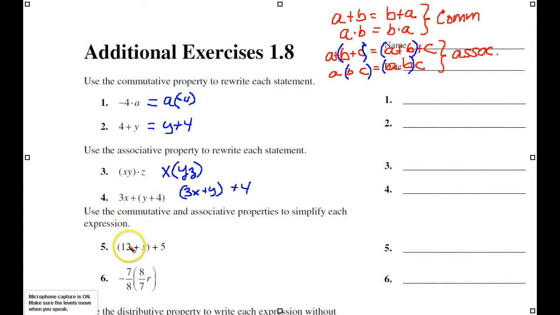Now here we're going to use the commutative and associative principles to simplify each expression. And again, what they're saying, it's legal to do this. So I'm going to take the 5, move it over here, and then 12 plus 5 is 17, and then our plus x. So that's perfectly legal to do. And then we're going to put these two together.